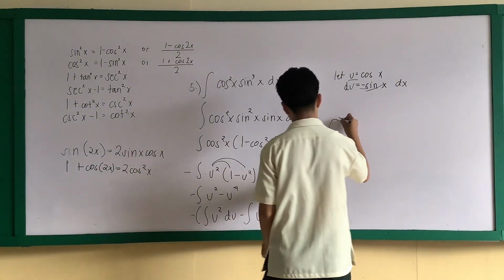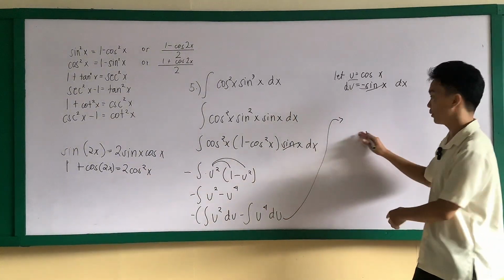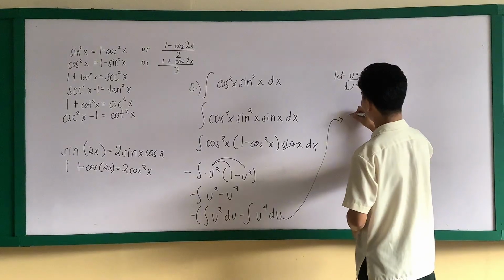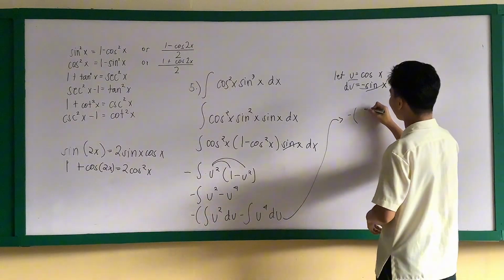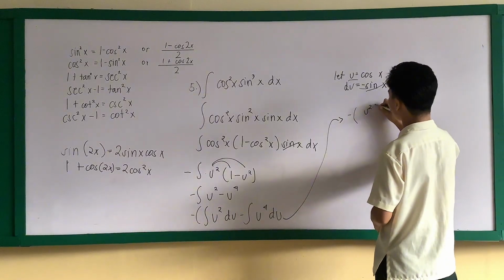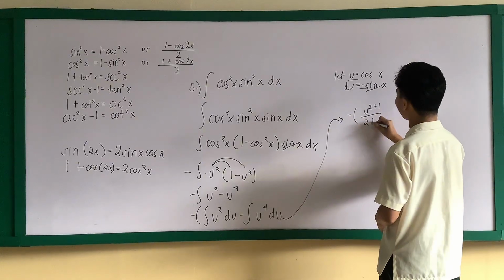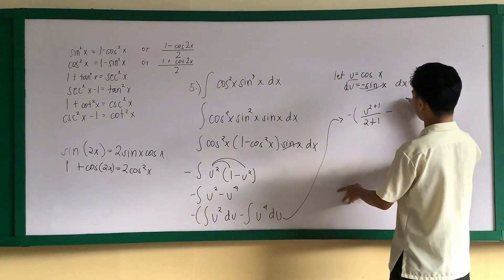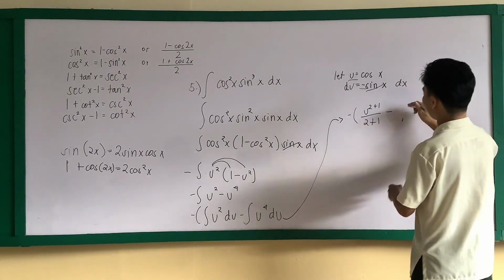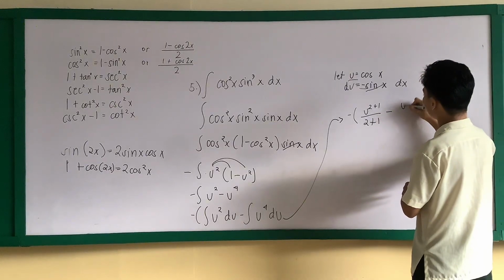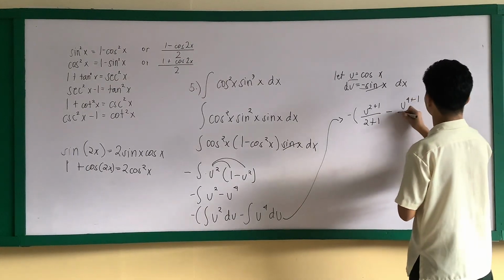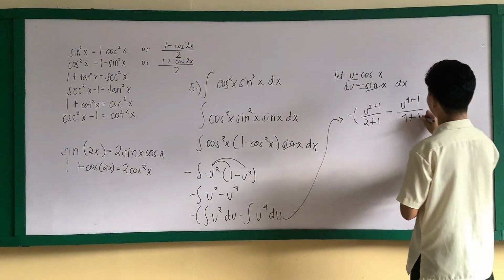So, now, gamitin natin yung power rule. So, copy the negative times u raised to the power of 2 plus 1 over 2 plus 1 minus the integral of u raised to the power of 4 plus 1 over 4 plus 1.